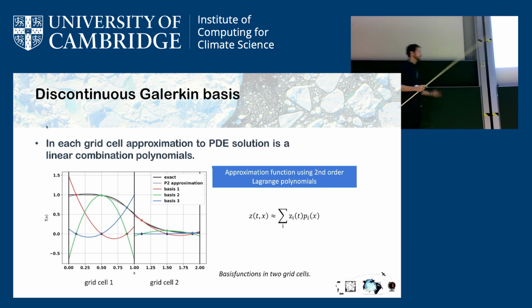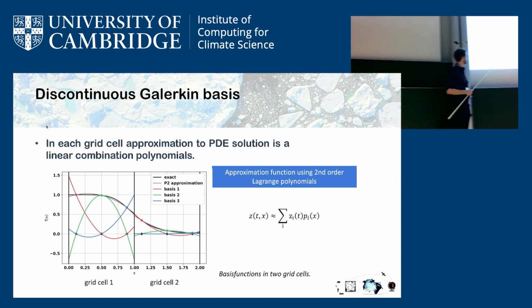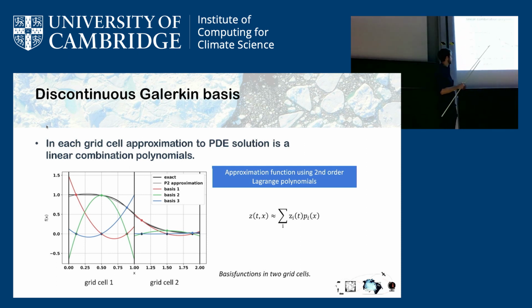The numerical core of the sea ice model uses discontinuous Galerkin. What does it mean? That means that in each grid cell, and two grid cells are shown over here, the solution, which is this dark black line, is approximated as a linear combination of basis polynomials. Those are the colored polynomials with a certain coefficient.